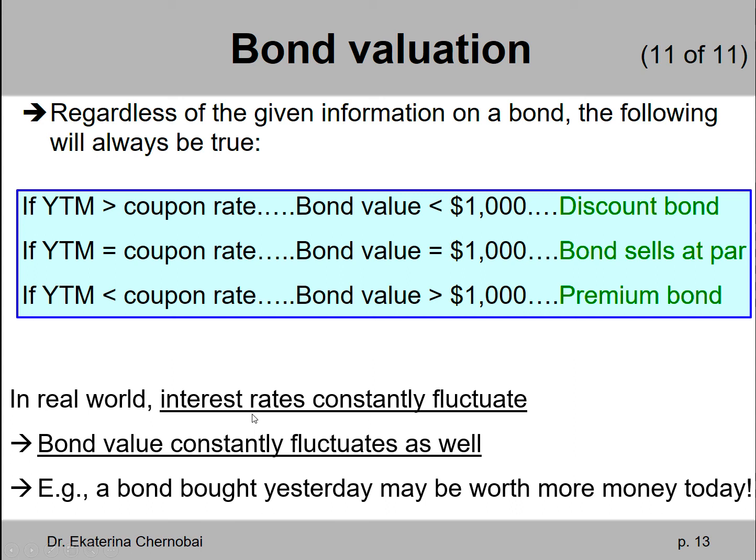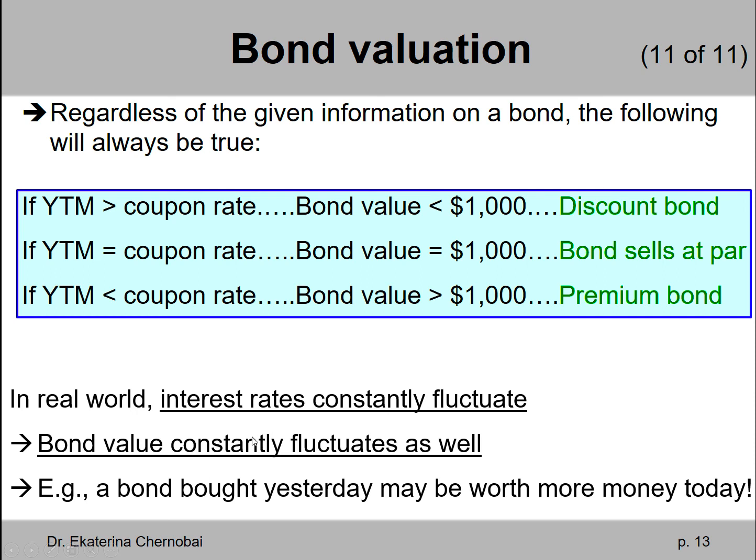We are going to cover towards the end of this chapter why, there are different things that are happening that get reflected in interest rates on bonds. So at this point, let's just take it as given. Interest rates fluctuate over time. And because they do, bond value will also constantly fluctuate over time.